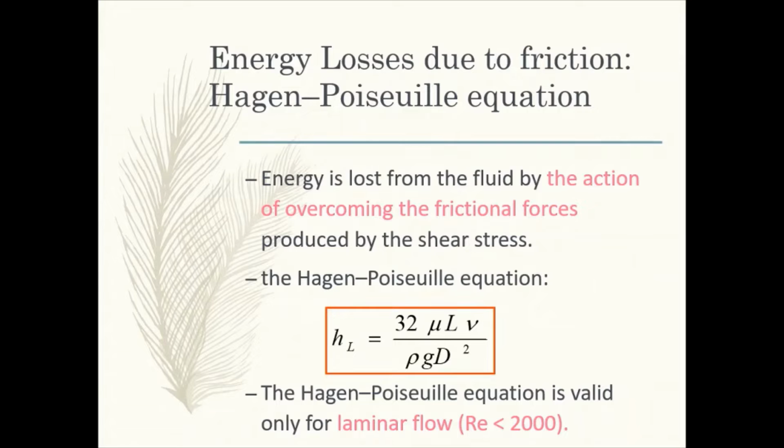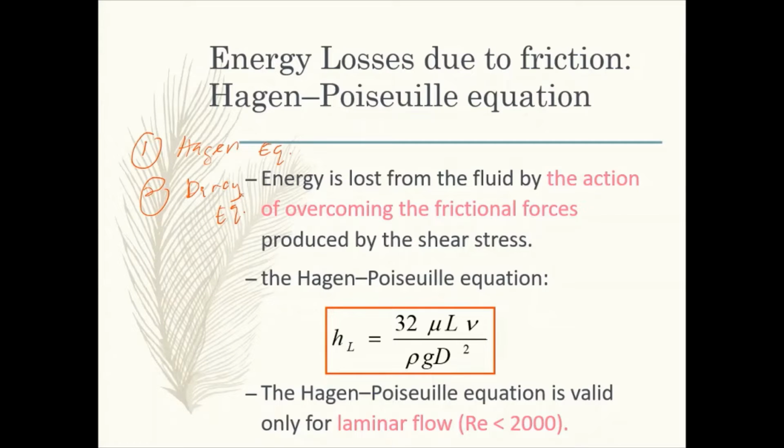So how do we calculate the major energy loss in the system, or the energy loss due to friction? Basically, we have two equations we can use. First, we can use the Hagen-Poiseuille equation, and the second, the Darcy equation.